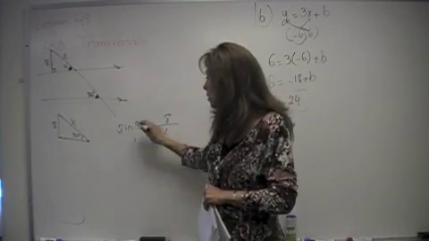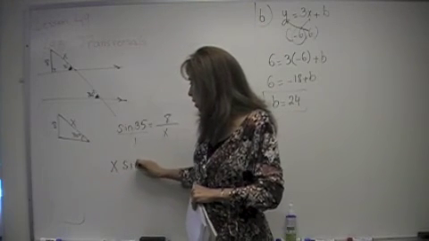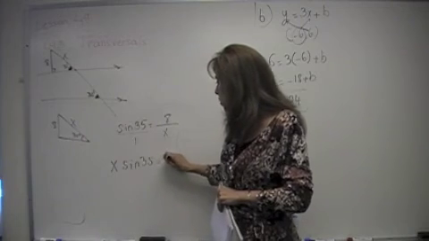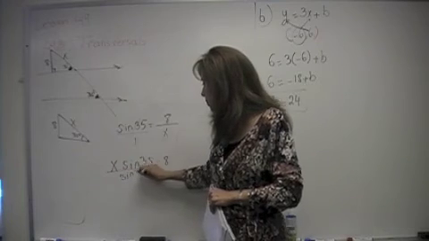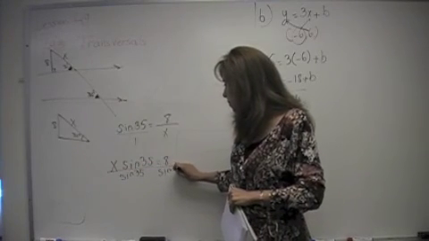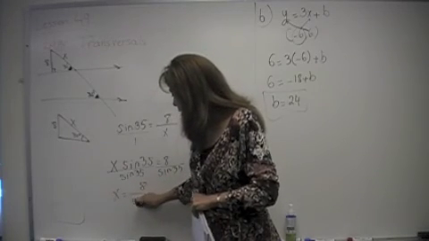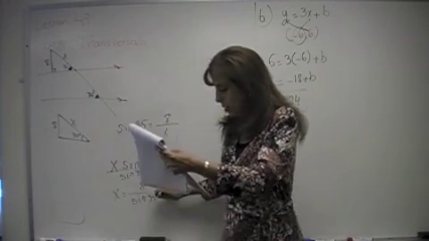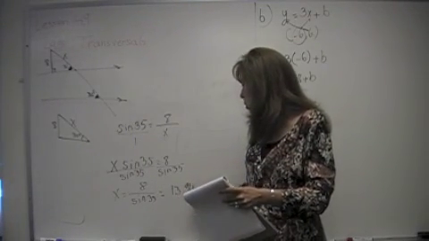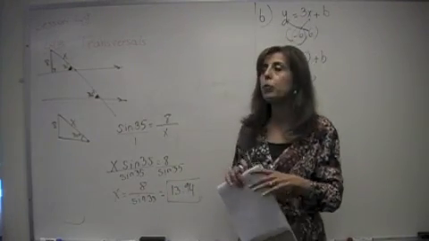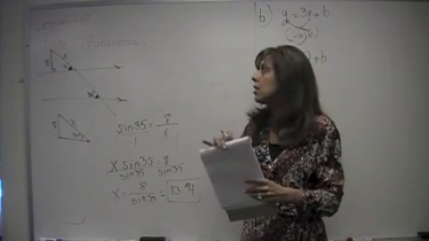The denominator here is 1, so cross multiply. That means x sine of 35 equals 8. Divide both sides by sine 35. x equals 8 over sine of 35, and the answer would be 13.94. For most cases, we round to the nearest hundredth. And that's all for lesson 49.